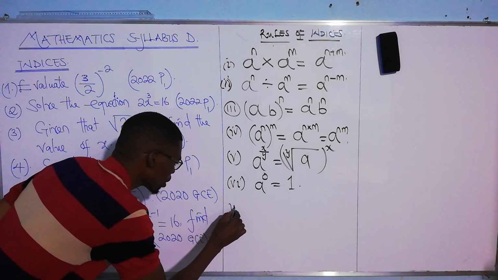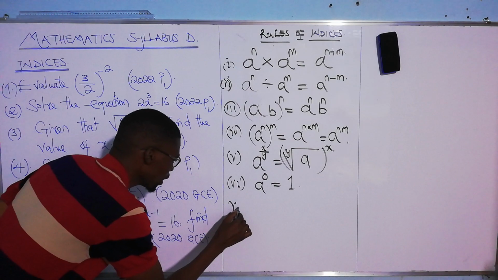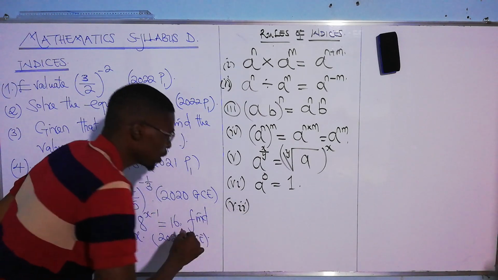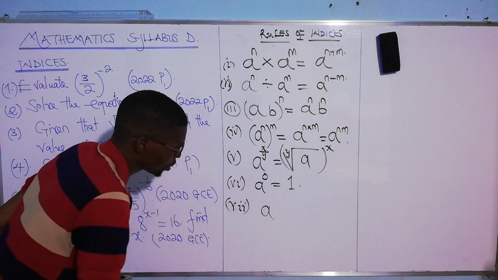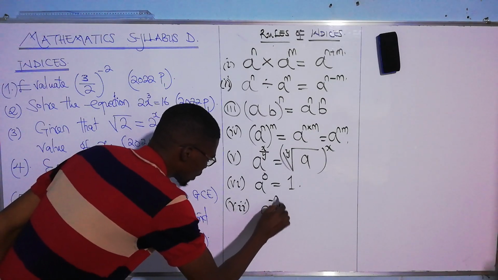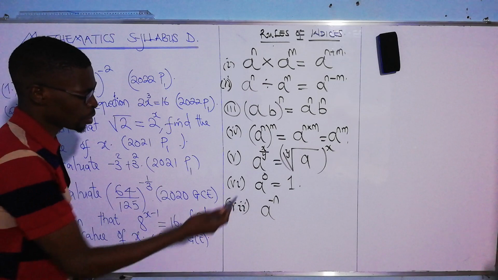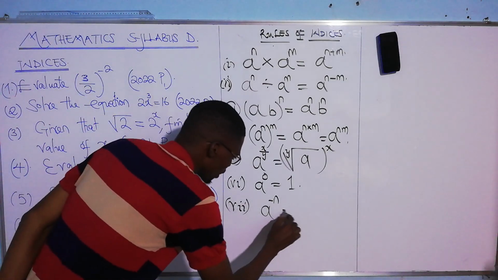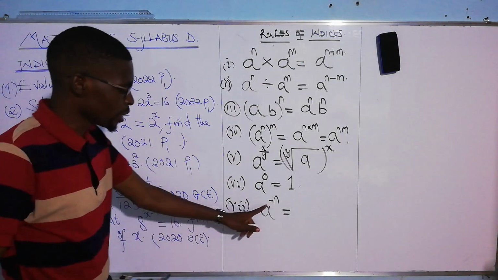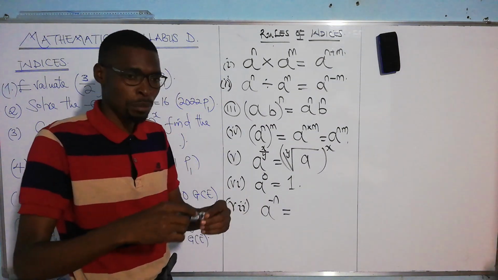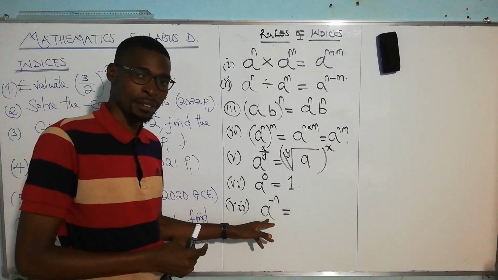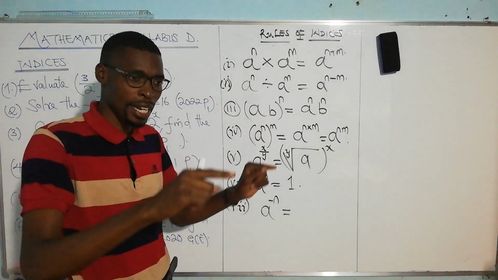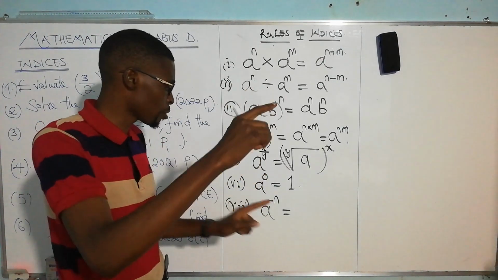Yes. What about a situation when we have a negative exponent? So you have a to the power negative n. This negative implies that we are supposed to find the reciprocal of the base, then raise that, in brackets, to power n.